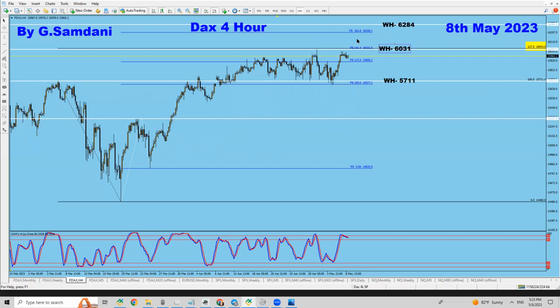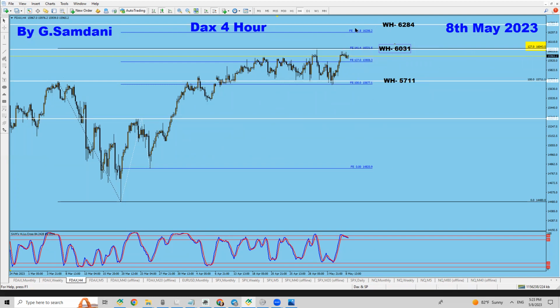If we break that, we can go into this area, 161.8% to 62.06, 62.84. By the way, this is the extension of wave 4 and wave 5, so 127 comes exactly where 60.31 is, and this is 60.43. So it may stop here and then drop.